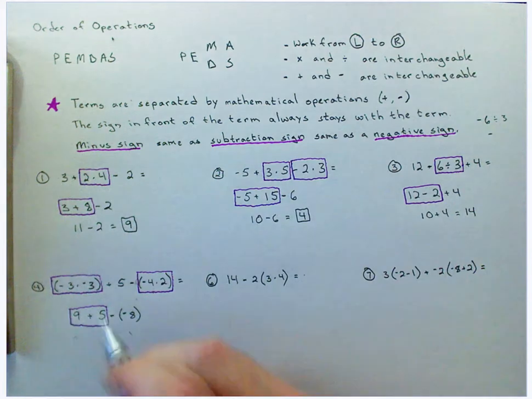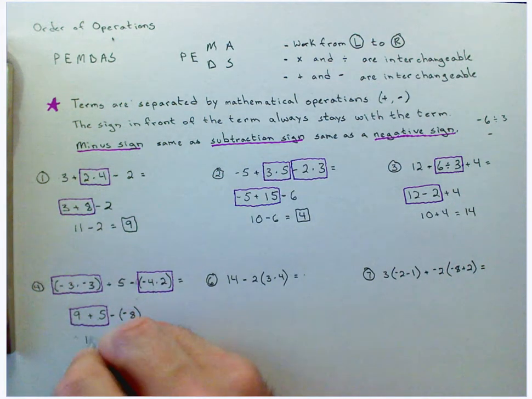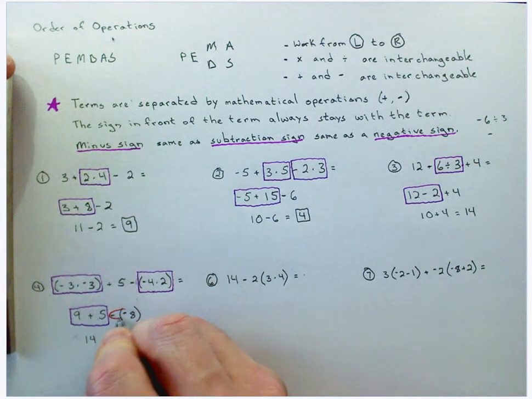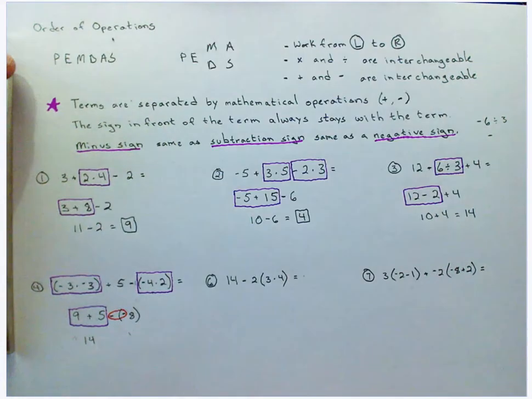View this. 9 plus 5 is 14. A negative and a negative become a positive, and that equals 22.